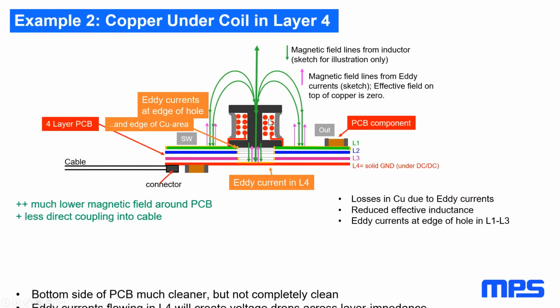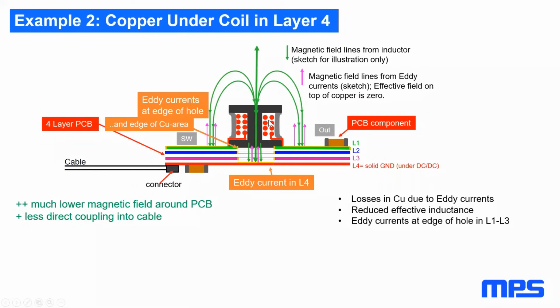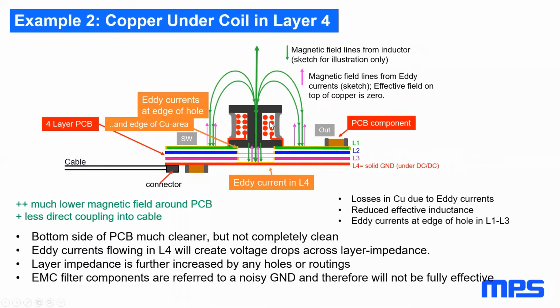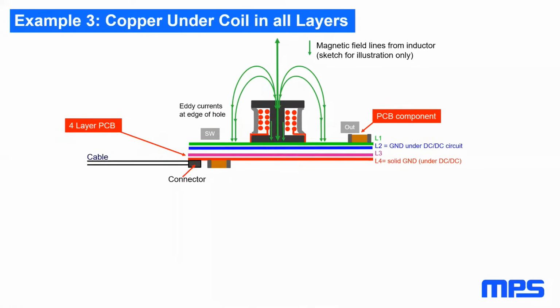Another extreme is to place the copper directly under the coil in the topside layer. In this case, layer 1 will already carry the eddy currents, and layers 2, 3, and 4 will be totally clean.